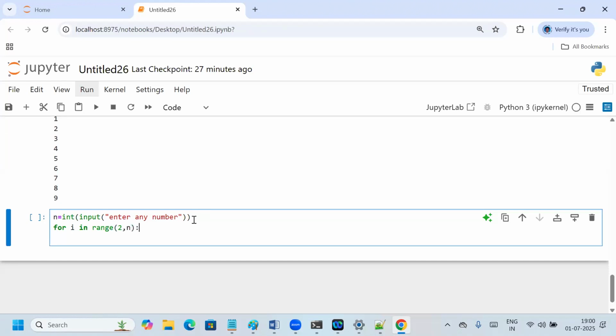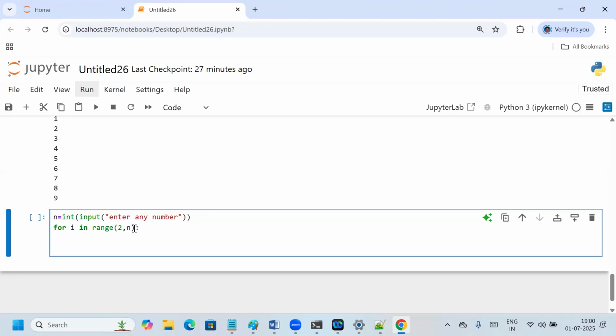Okay, fine. There is no point in taking n plus 1, n means that number only. We don't want that number. Every number is divisible by 1 and every number is divisible by itself. So I am excluding 1 and excluding the number itself. Apart from that, if it is divisible by any other number, I can say that it's not a prime. Understood the logic guys? Why I'm excluding 1 and the number itself? Because if it is divisible by any number other than 1 and itself, then that will not be a prime. What is next?